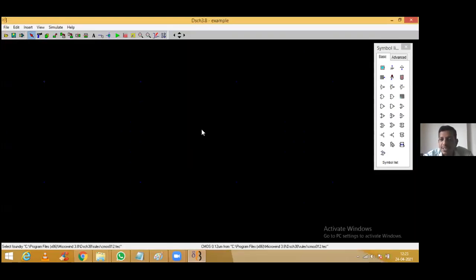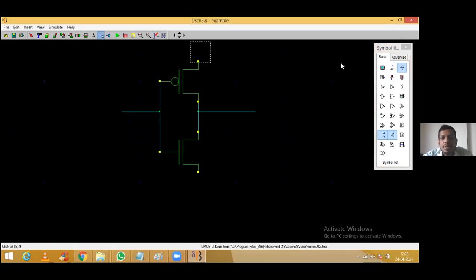So I have selected the same one we have been working with since yesterday. Designing is just like playing with the design: drag and drop, making connections. I'm taking a long output node here because I need to connect a loading capacitance, just to observe the limitations associated with the digital simulator.